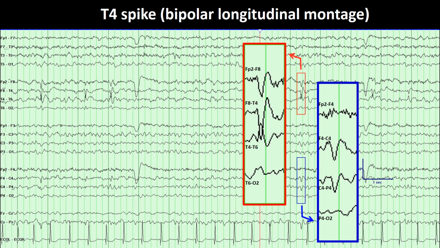In this epoch, you see two rectangles enlarging two waves. The wave within the dark orange rectangle has a phase reversal and a narrow field. The other wave in the blue rectangle does not have a phase reversal, and it has a more widely distributed field.